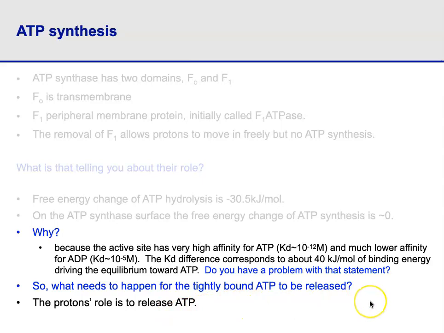What needs to happen? Well, if you think logically, you would say something needs to make that enzyme lose its affinity for ATP. And that's exactly what happens in this case. The cell needs to force that protein, or ATP synthase, to lose its affinity for the ATP so that the ATP will be ejected or released.